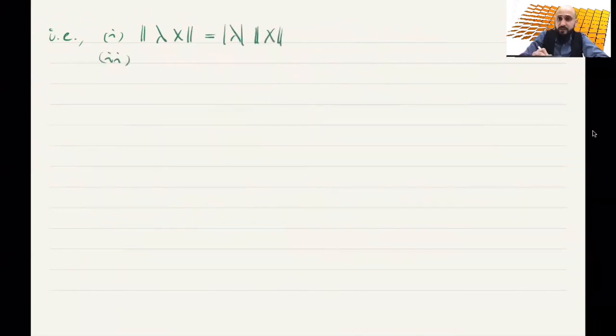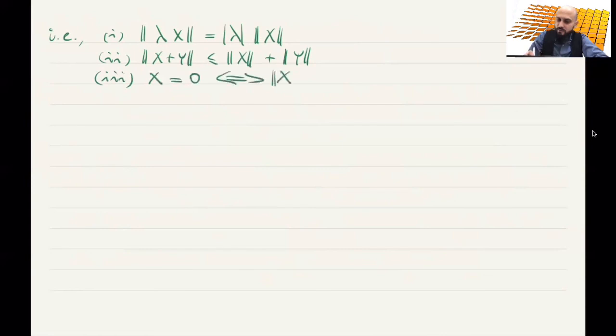It should satisfy the triangle inequality: the norm of x plus y is less than or equal to the norm of x plus the norm of y. And third, it should be positive definite, so the only vector that has norm 0 is the 0 vector.